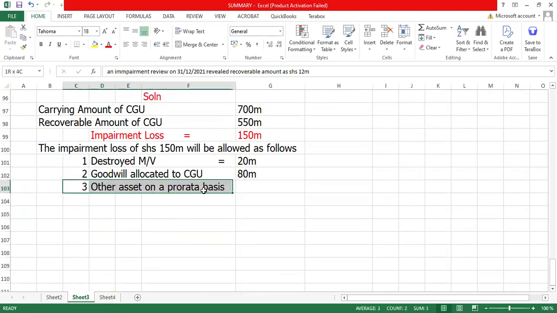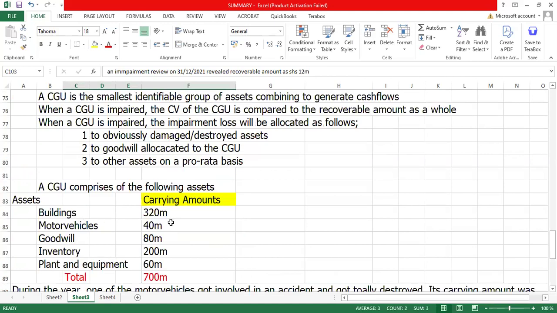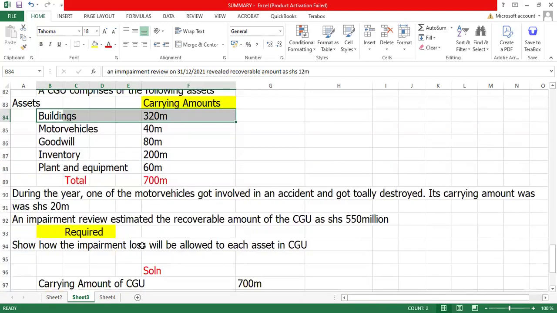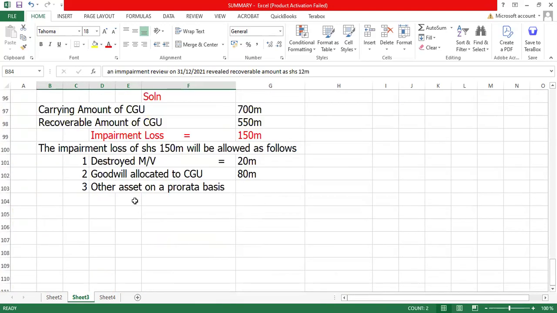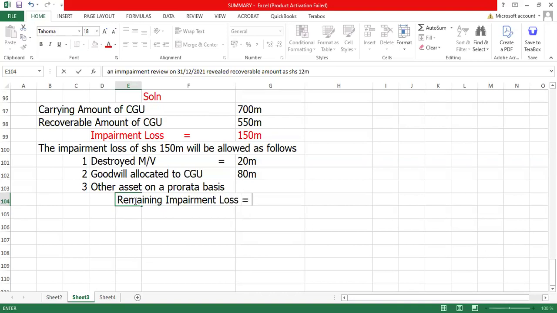So you are going to allocate impairment loss to buildings and what else? By the way, what is the remaining impairment loss? It is 150 minus 20 million minus 80 million. What do you get?